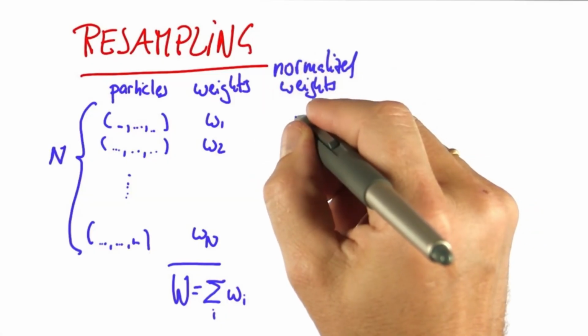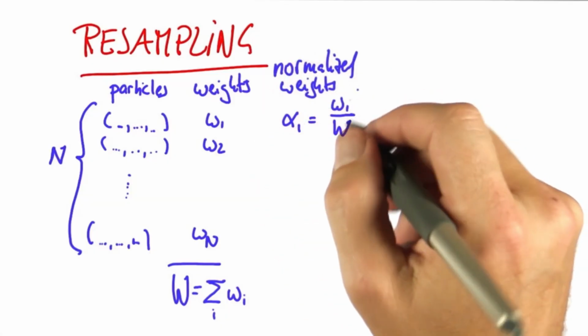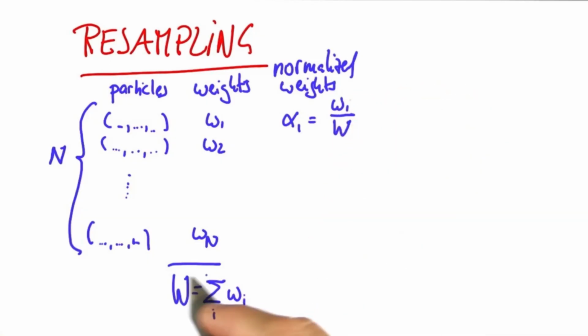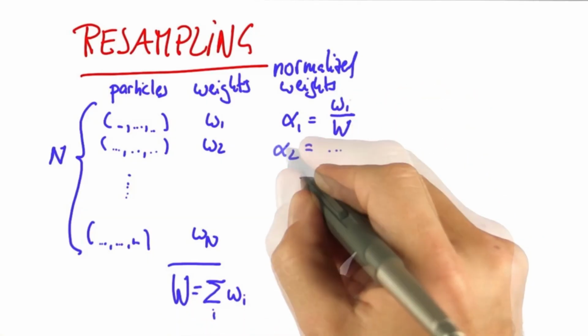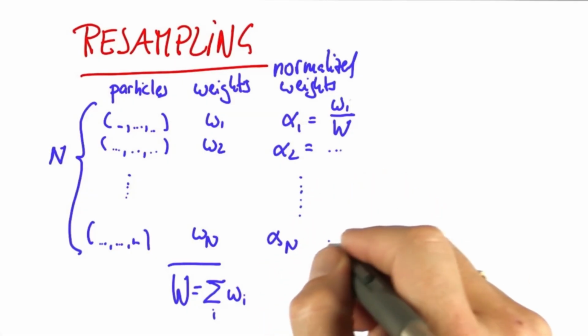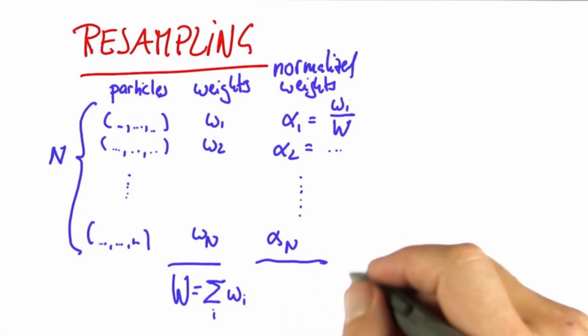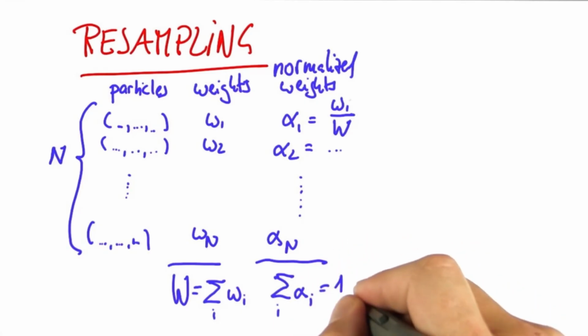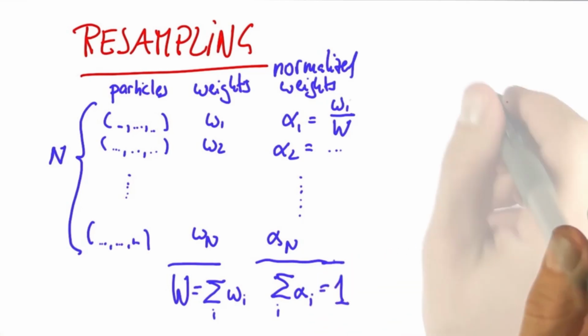Let's call the normalized weights alpha. So alpha 1 would be the weight 1 divided by the normalizer W. And so on all the way to alpha n. And obviously, it goes without saying that the sum of all alphas is now 1, since we normalized them.